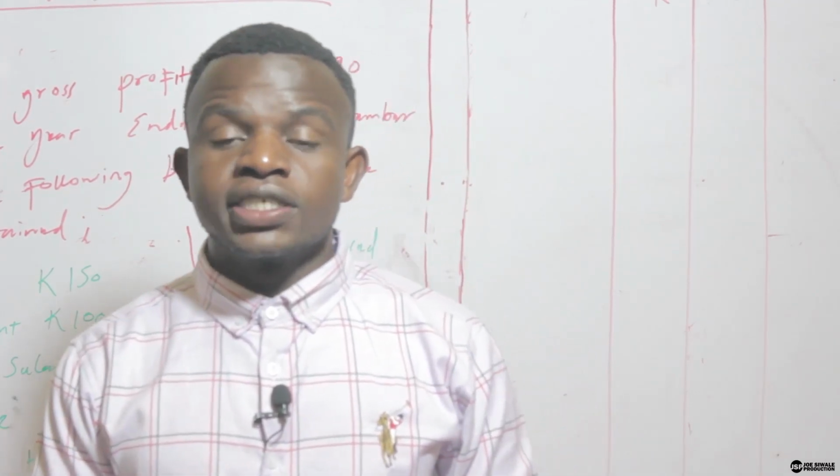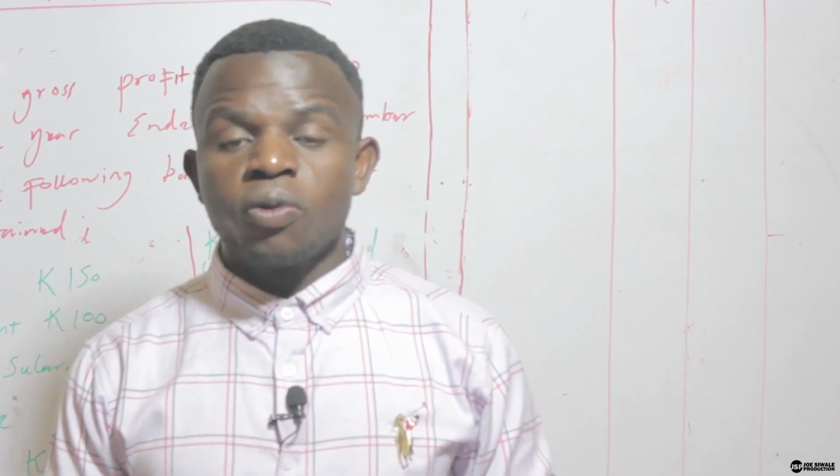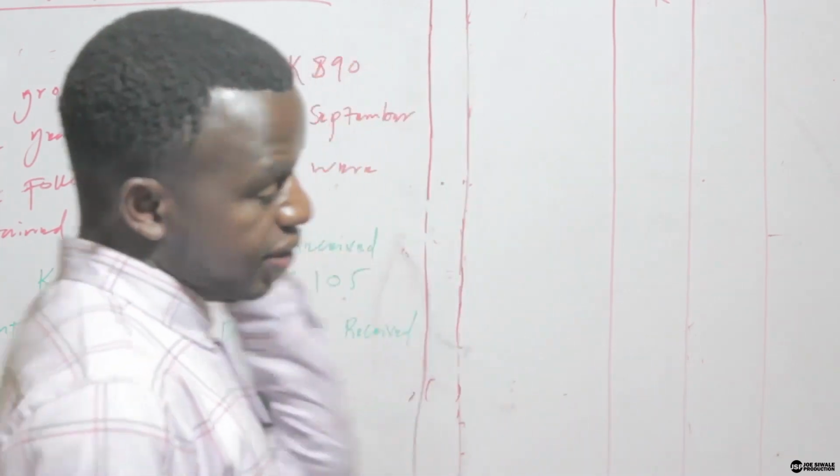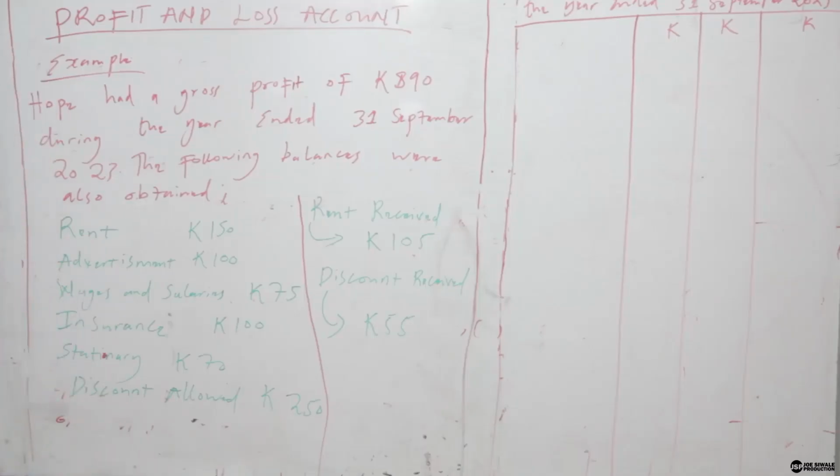So let us continue looking at the profit and loss. Now we're going to consider the example that we gave for Hope to calculate our profit and loss account. So this is the example that we had. So the question reads, Hope had a gross profit of 890 during the year ended 31st December 2023. The following balances were also obtained.